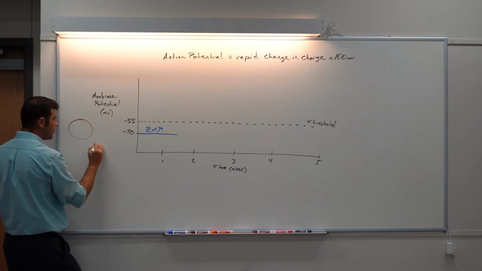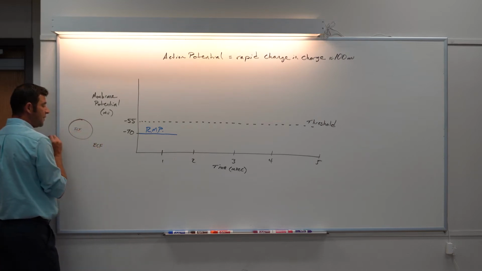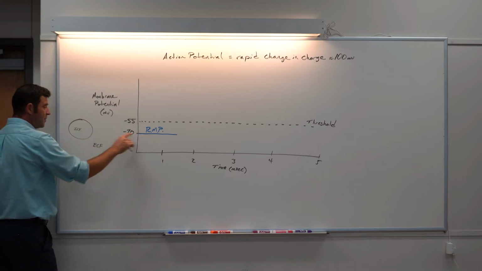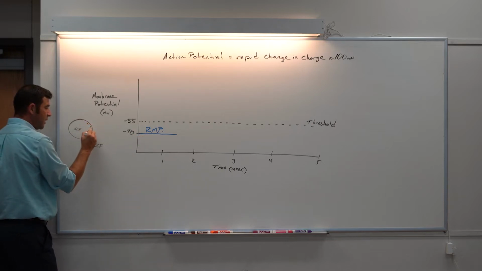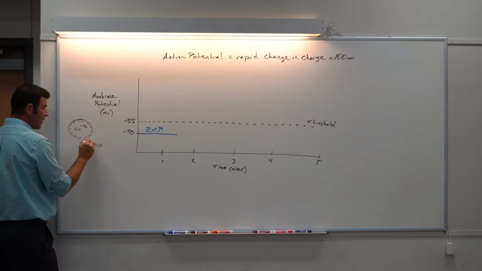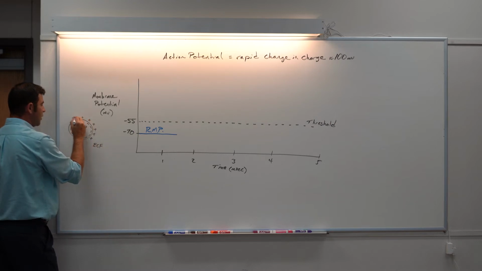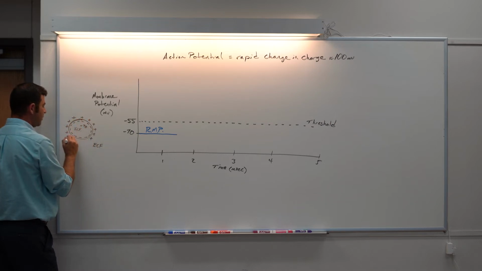Again, we've got our extracellular fluid to the outside and our cytoplasm, that intracellular fluid, to the inside. At negative 70 millivolts, that is going to be a situation where the cytoplasm inside that cell is measured at a negative charge, negative 70 to be exact, and the extracellular fluid, the fluid outside of that cell, is going to have a slight positive charge to it. So negative charges to the inside, positive charges to the outside.